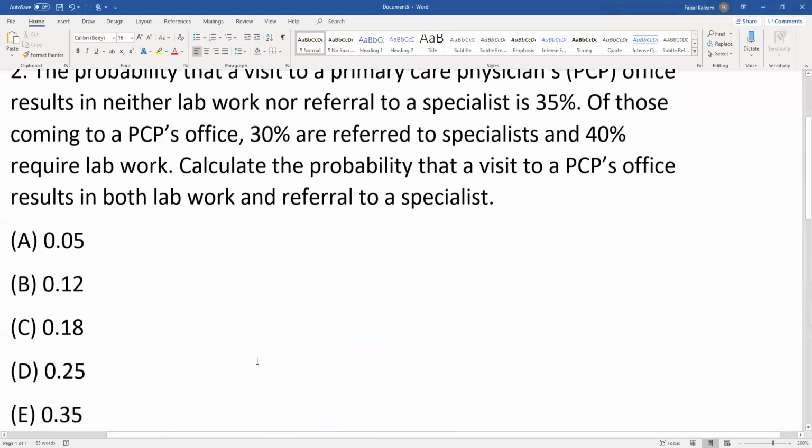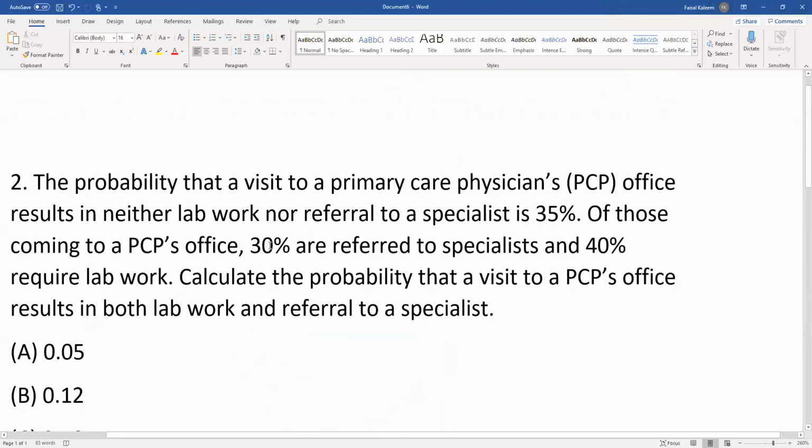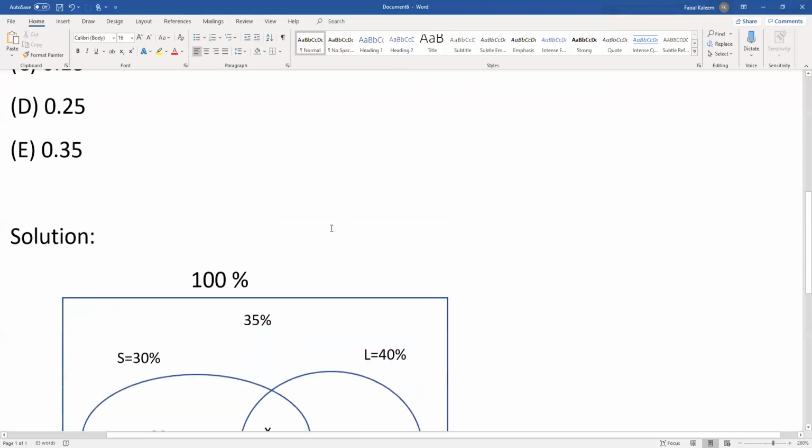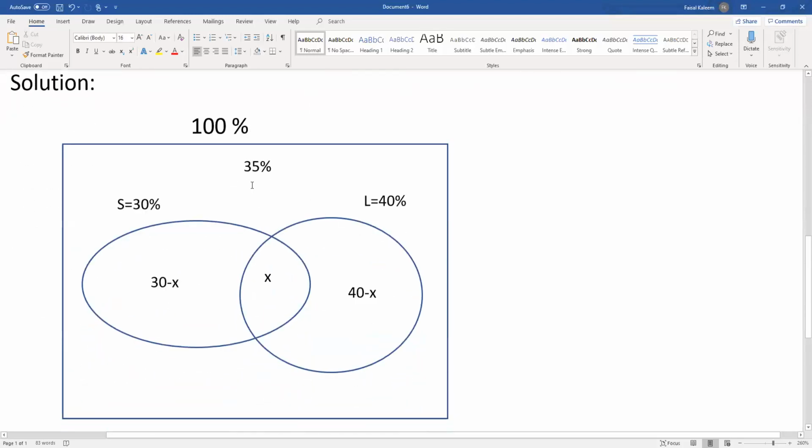Now, the first thing that was given was that 35% require neither lab work nor referral. So that's this outer white space, the space that lies outside of both these circles, because that's neither lab work nor referral. So that's the 35%, which will be all the white space in the box that is outside these two ovals.